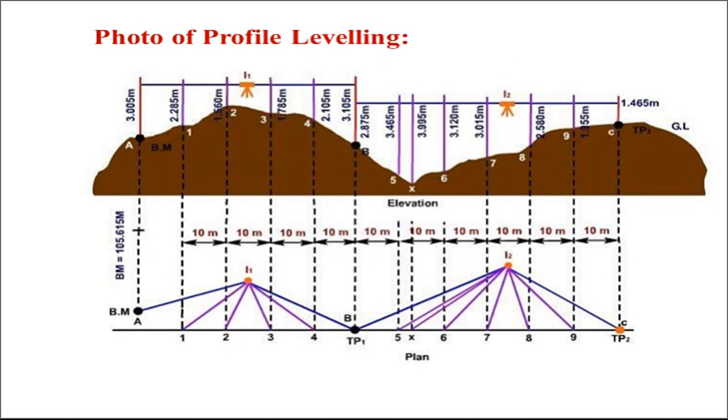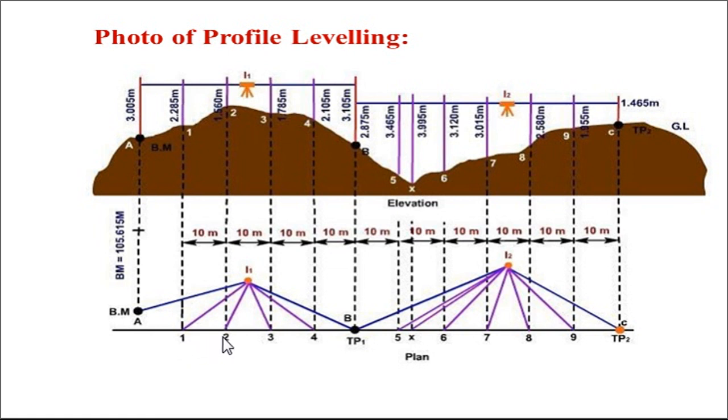Now see, in case of profile leveling, what we have to do at measured interval, say this is the starting point. So our instrument is set over here and we have to take the first reading on the benchmark. Then on point number 1, the chainage for this is say 0.